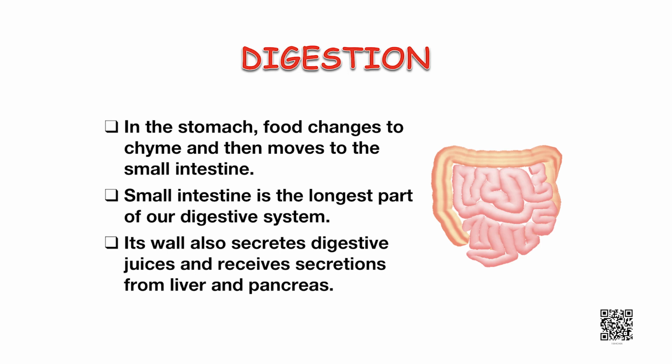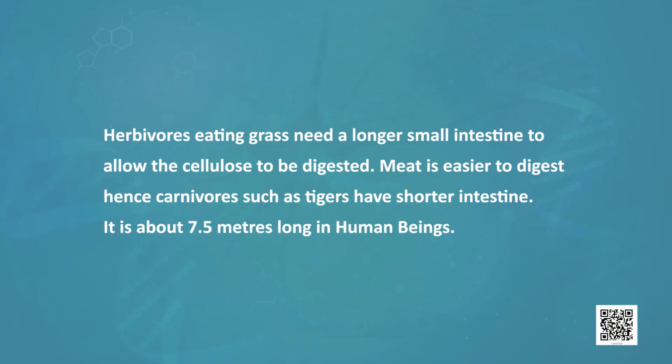This is the longest part of the alimentary canal. The length of the small intestine differs in various animals depending on the food they eat. Herbivores eating grass need a longer small intestine to allow the cellulose to be digested.